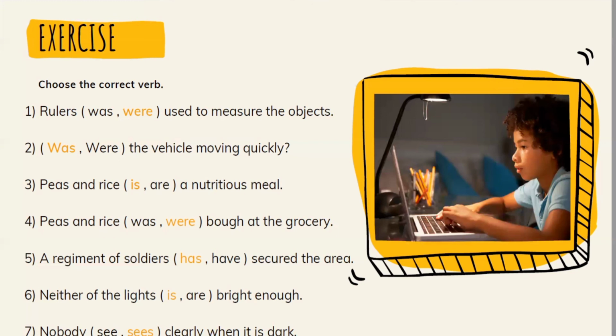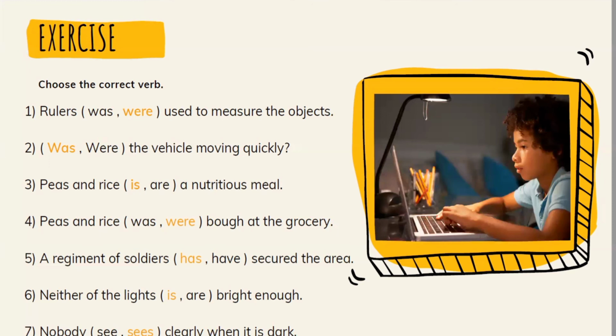Whereas in number 4, peas and rice were bought at the grocery, and there's a spelling error there. That should be B-O-U-G-H-T, bought. So peas and rice were bought at the grocery, because this would mean that you purchased 2 individual items.